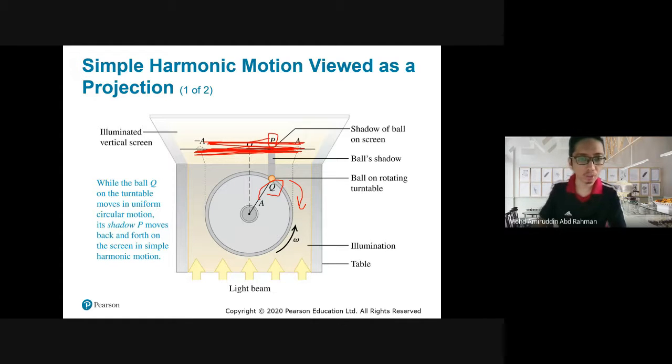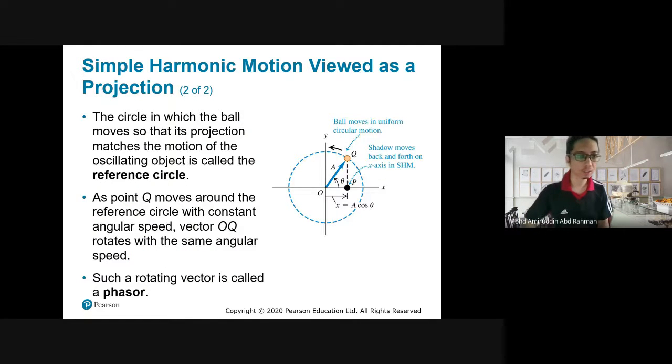That's the motion of the ball. We are going to plot this on a graph, and this is what we can see there. Let's say this is the location P.